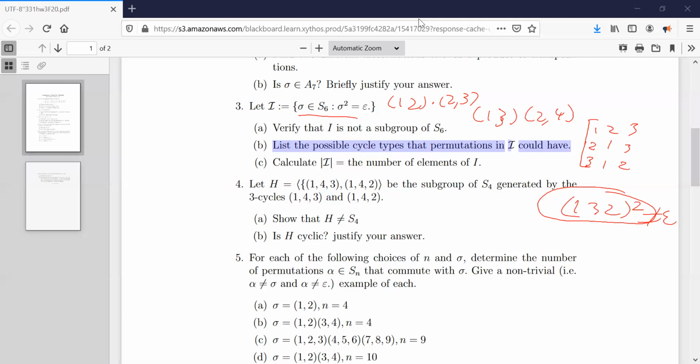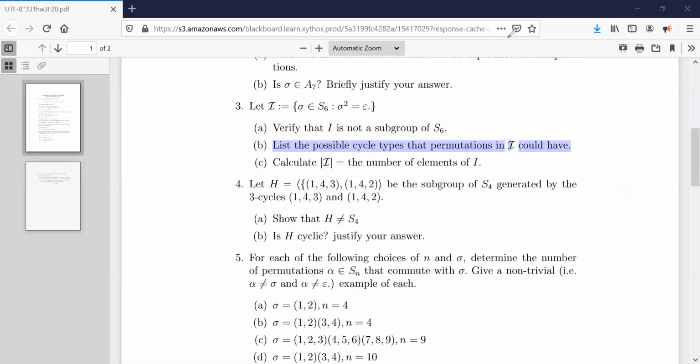So it would be 6 choose 2, which would be 6 factorial divided by 4 factorial 2 factorial, which would be 15.